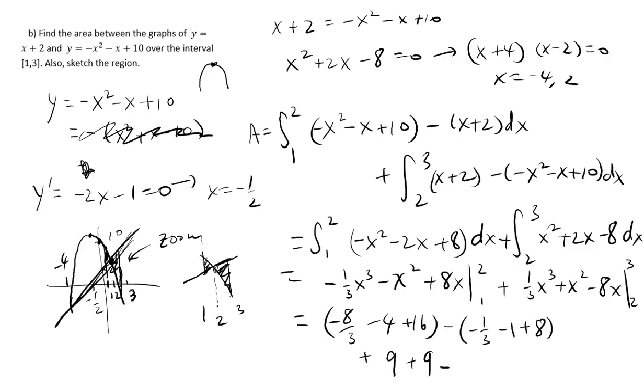Minus 3 times 8 is 24. Then minus, you have when you plug in 2, that's 8 over 3 plus 4 minus 16. So that's what you get, and I'll leave it to you to figure out what this actually becomes.